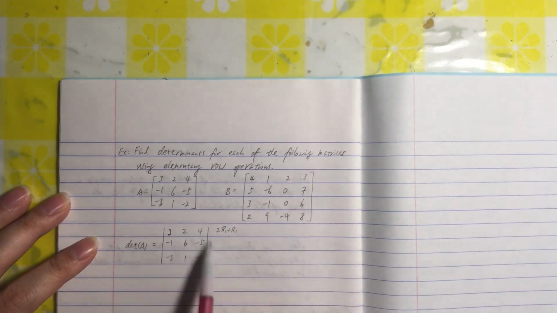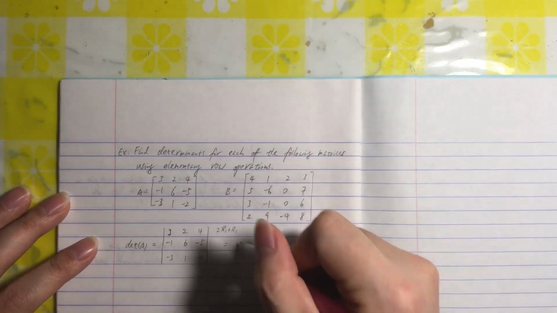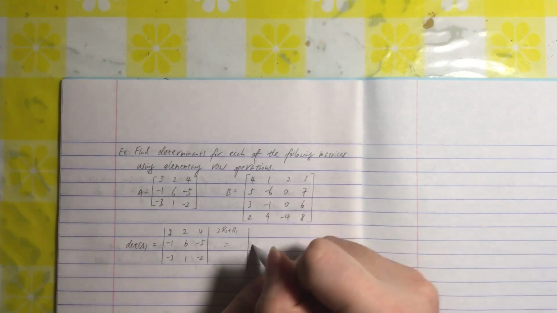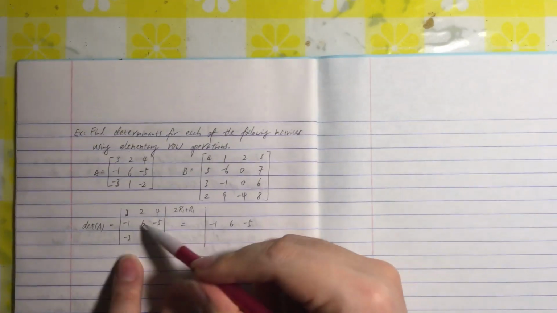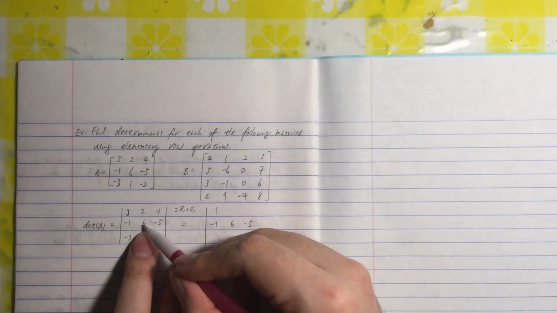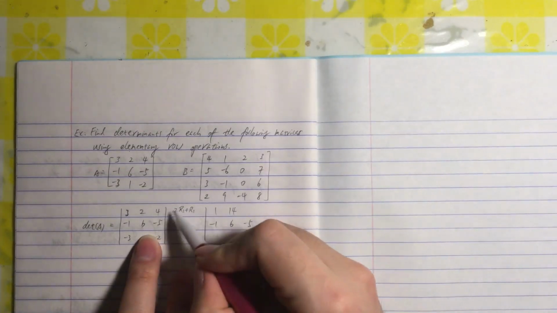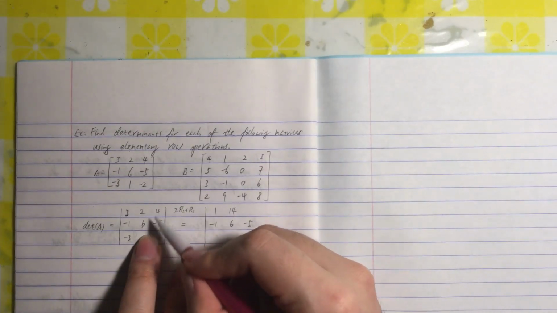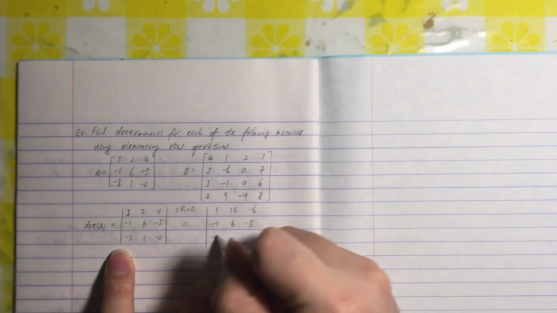If I multiply a row by a constant, add it to another row, determinant stays the same. -1, 6, -5. Multiply the second row by 2, add it to the first row, I get 1, 14. 12 plus 2 is 14. -10 plus 4 is -6. The third row stays the same.